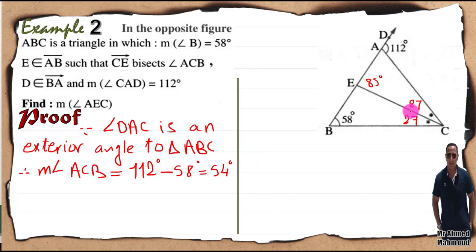Now I will divide it, 54 divided by 2, but why? Because CE bisects angle ACB.